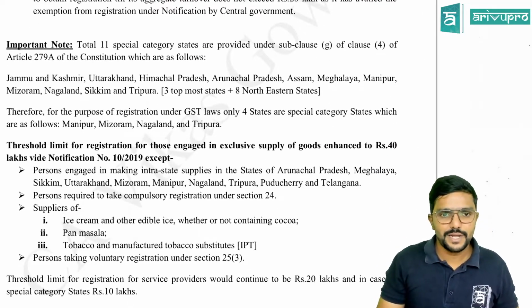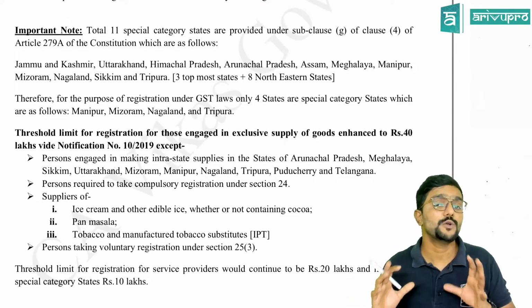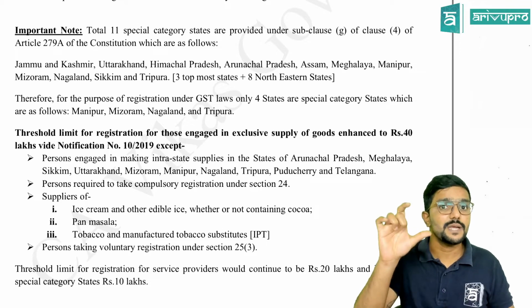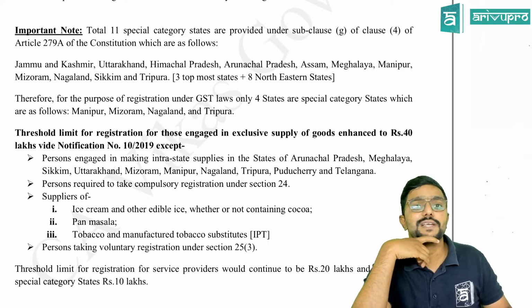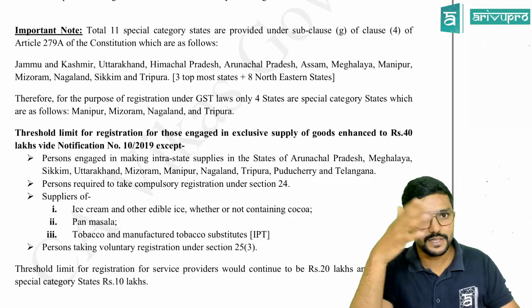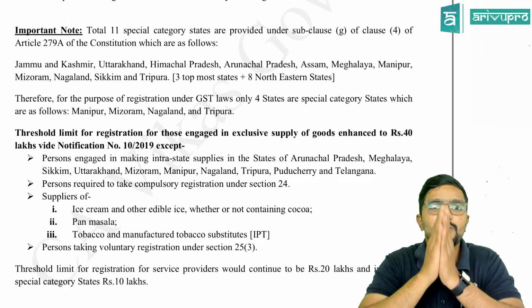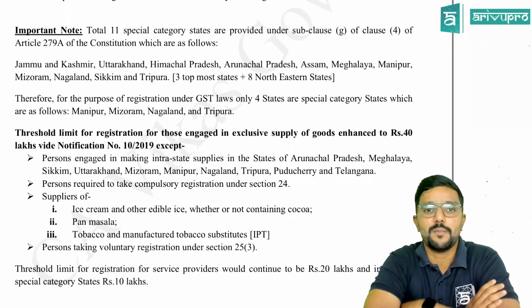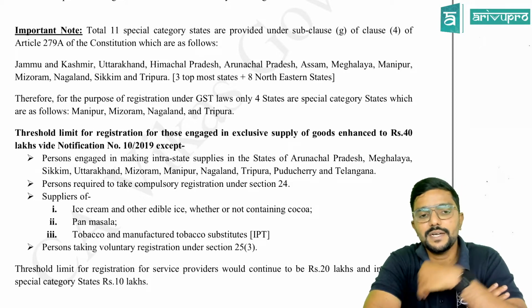Next, an important note I have given you, because for which state what limit you have to know, guys, because sometimes they use the name of the states in the question. Based on that, you have to decide what is the limit applicable. In the examples also you can observe, I have used the state names. So you should know for which state what is the limit applicable. So here, important note, this note is on the states part.